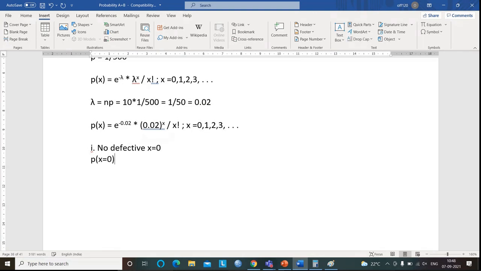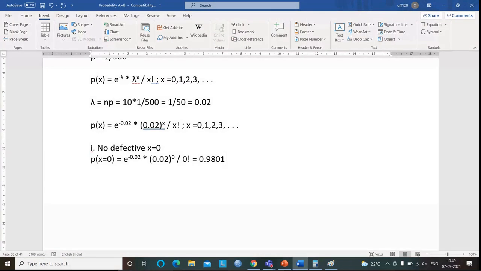P of x is equal to 0 is e power minus 0.02 to the power of 0 whole divided by 0 factorial, out of which we know that the value of e power minus 0.02 is 0.9801 into 0.02 to the power of 0 is 1, divided by 0 factorial is also 1.